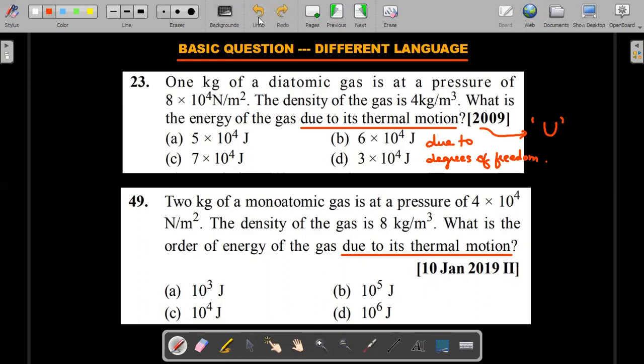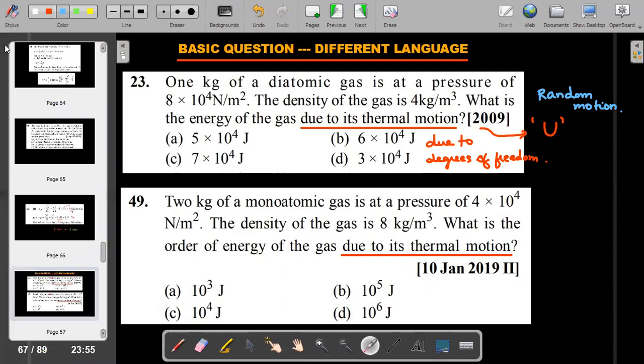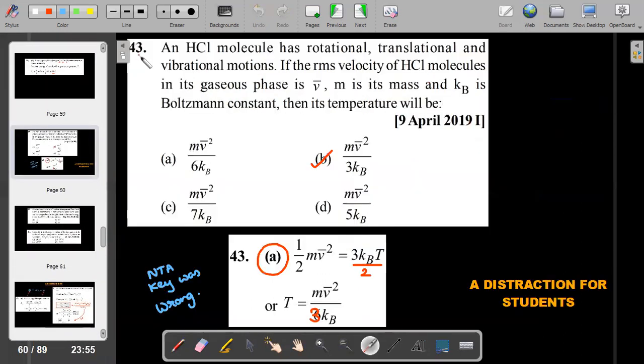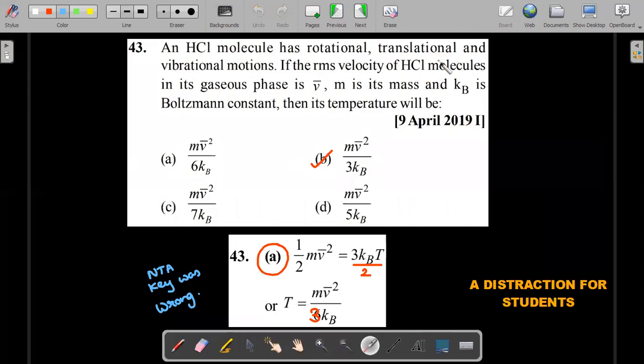Let me write it in a different color. Okay, right. So I think I need to go back and check one of the HCl molecule questions that I discussed, with all the vibrational motion and RMS velocity in its gaseous phase. This problem is different.